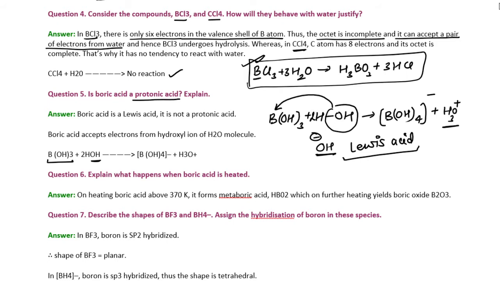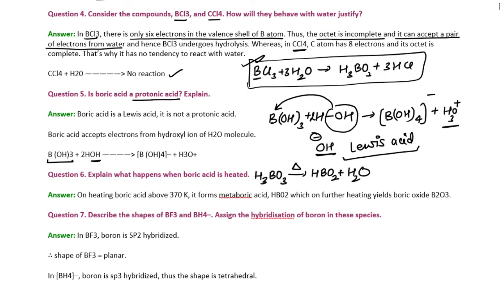Got it? Next, what happens when boric acid is heated? See, when we heat boric acid, first of all it gives metaboric acid along with water.